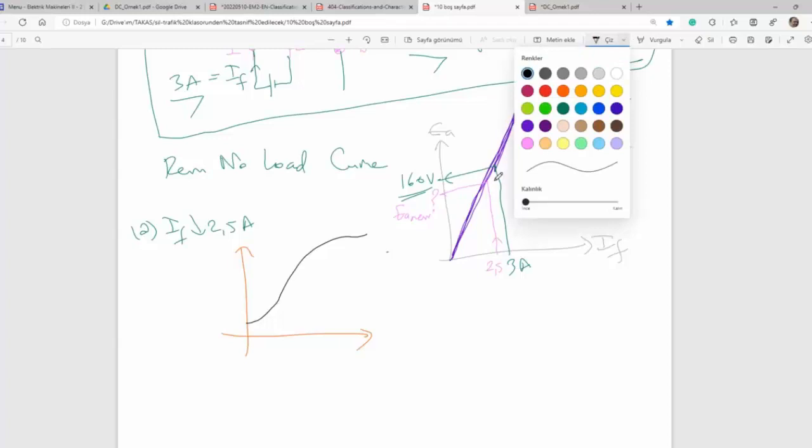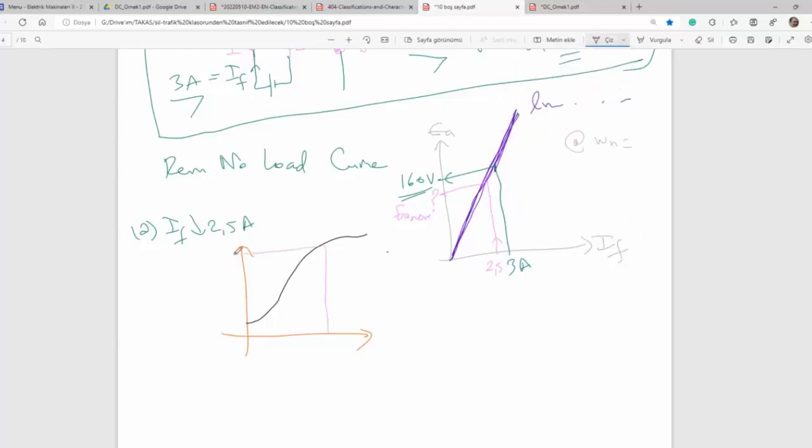In such a case, for 3 amps, you should cut the no-load curve and find the old EMF, and then you should substitute 2.5 across the no-load curve and find the new value of EMF. This applies in case it is given as a function of a curve or a nonlinear relation, as you see from the figure.